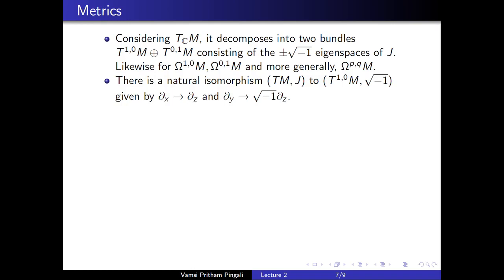Now take d/dx to d/dz, that's a vector here. d/dy to i times d/dz, that's also a vector here. And extend this in a real linear manner to all of it. I claim that this particular real linear map between these two is an isomorphism, and in fact it is complex linear too. Okay.